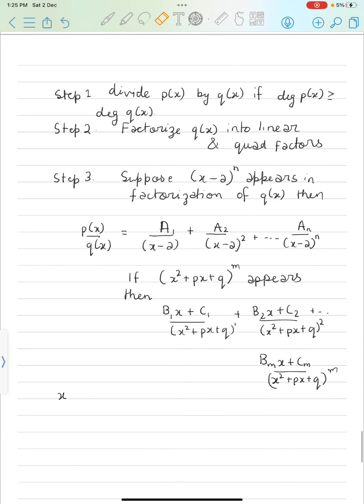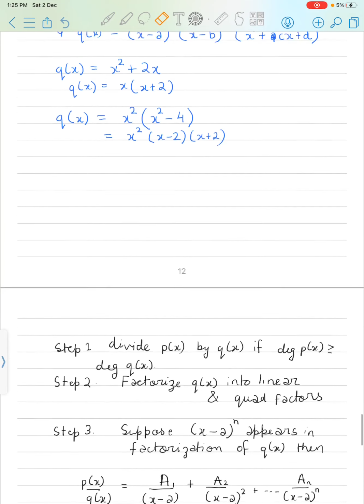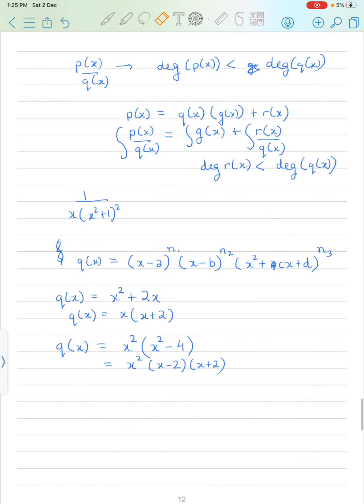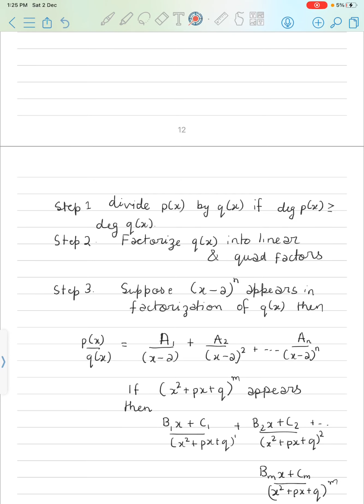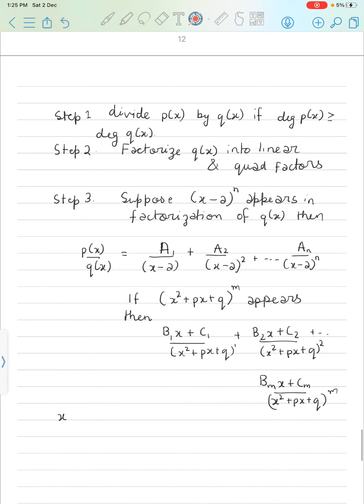After dividing P(x) by Q(x), if your degree of P(x) is greater than or equal to degree of Q(x), you have to divide it and then you will get a remainder term, and you can write it like this. Then R(x) has degree less than Q(x). Now you can use the partial fraction method. Step 1 I have already explained. Step 2 is you factorize Q(x) into linear and quadratic factors.